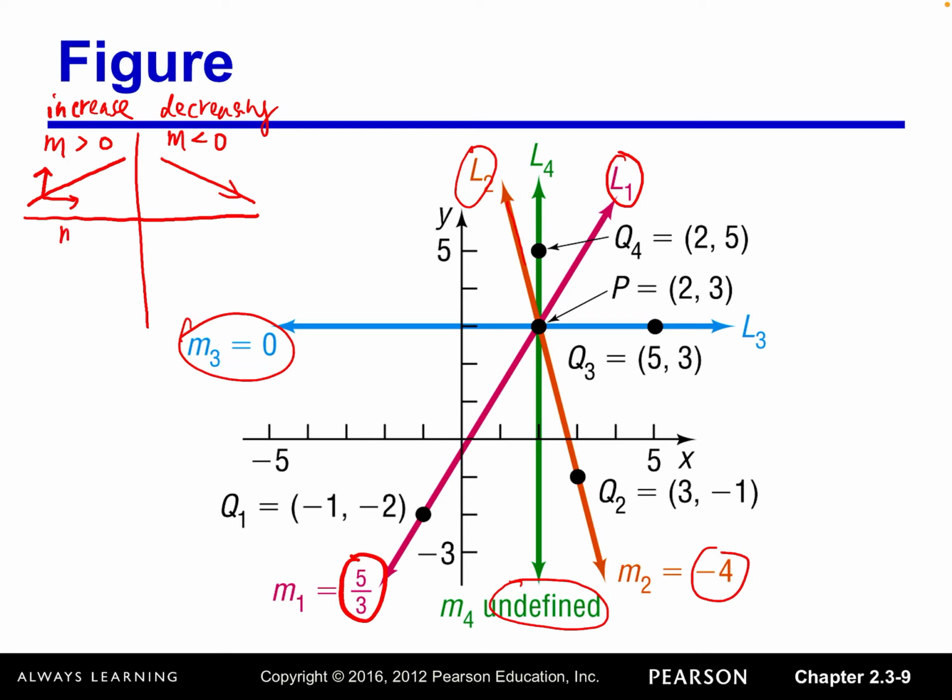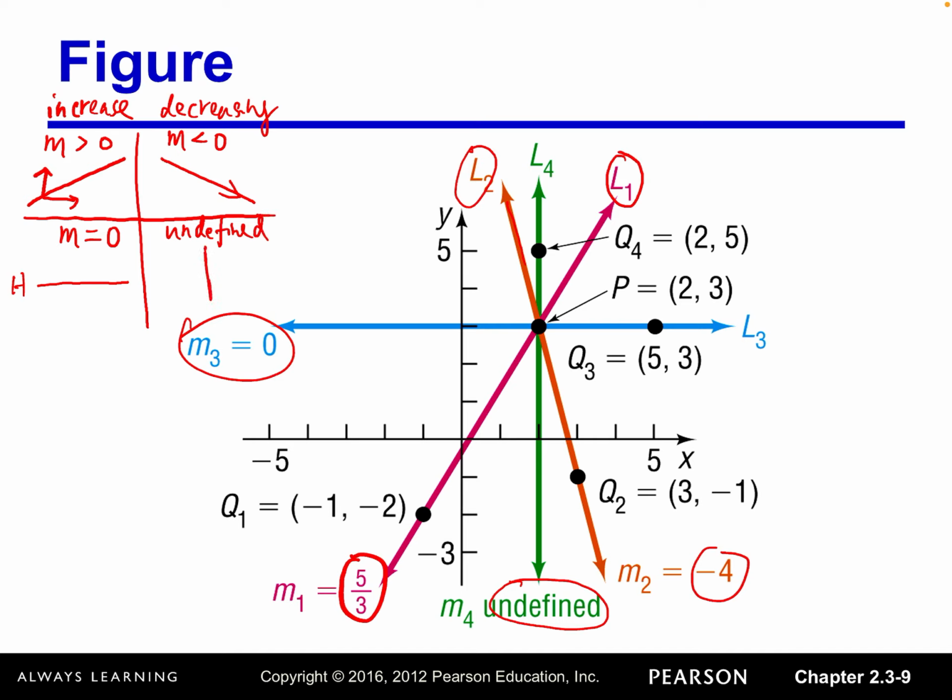And then two special types of line. If the slope is 0, that represents a horizontal line. All horizontal lines must have slope 0. Another special line we already mentioned earlier is the vertical line, whose slope is undefined.